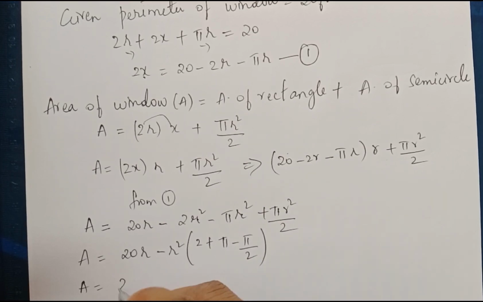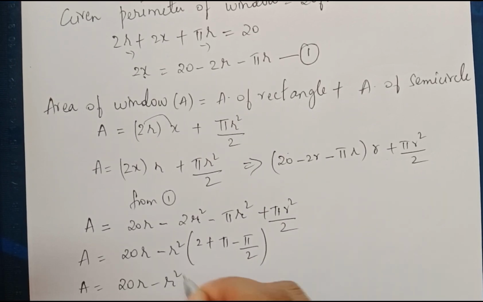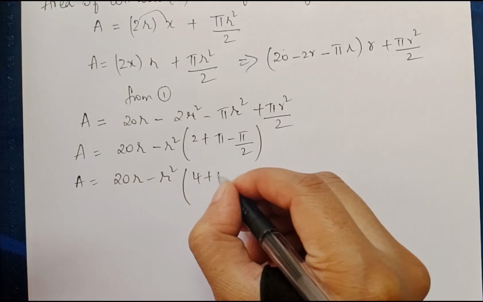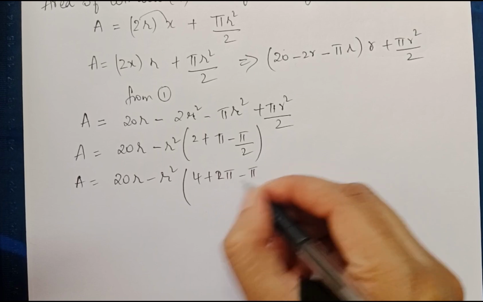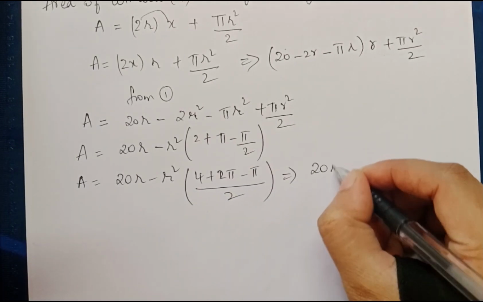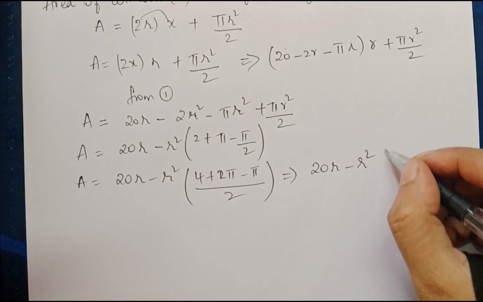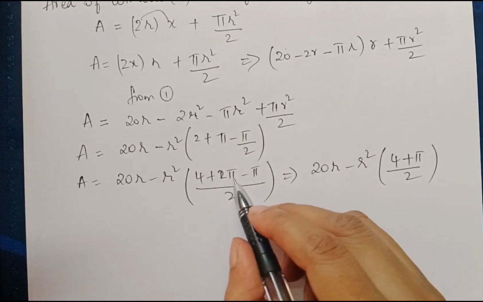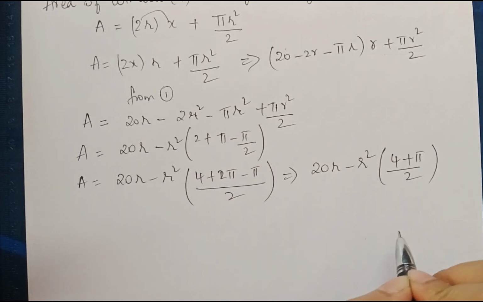Taking the LCM, so it is 20r minus r square, 2 2's are 4, 4 plus 2 pi minus pi by 2. So this can be written as 20r minus r square, 4 plus pi by 2. 2 pi minus pi is pi by 2.